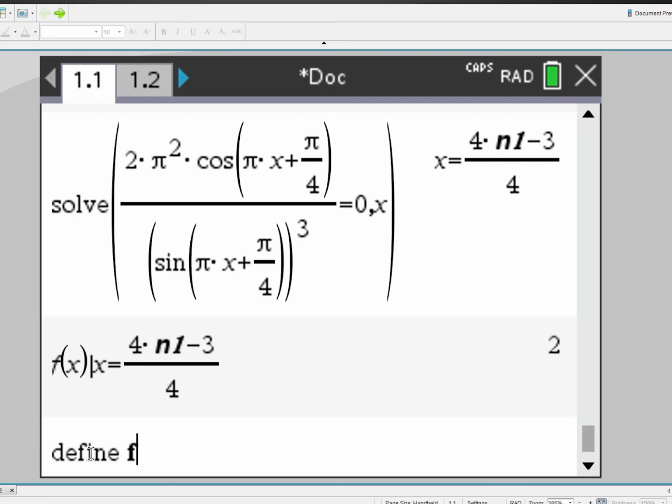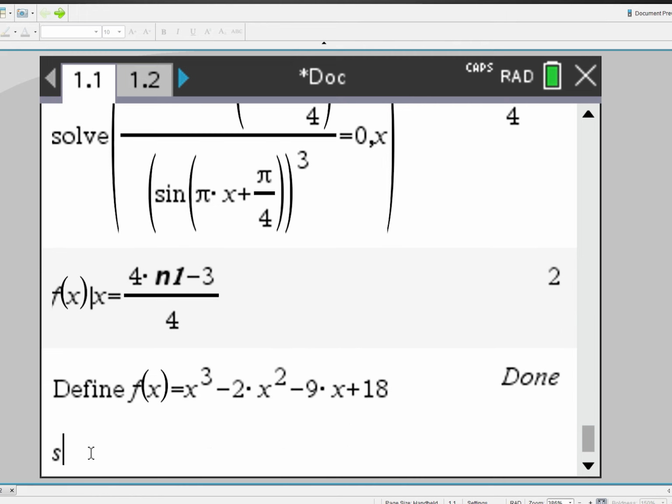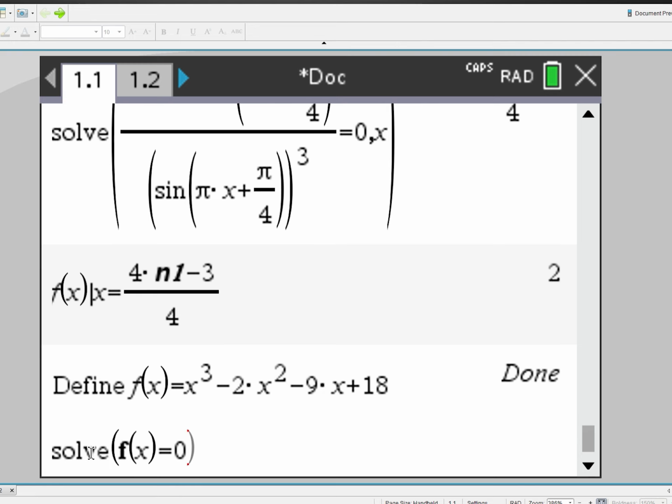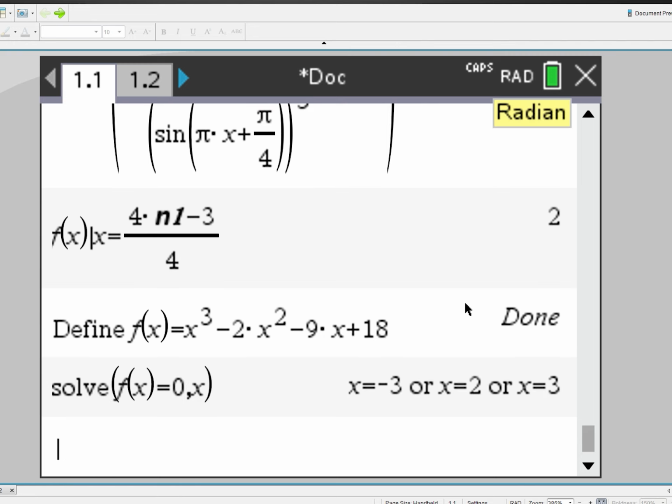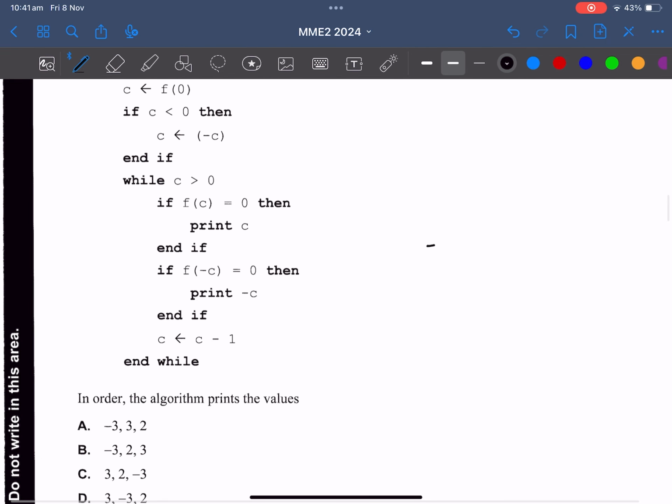So define f of x is equal to x cubed minus 2 times x squared minus 9 times x plus 18. Okay, so solve f of x is equal to 0 comma x. Okay, so our x is going to be minus 3, 2 and 3. So these are our roots that we got, minus 3, 2 and 3.